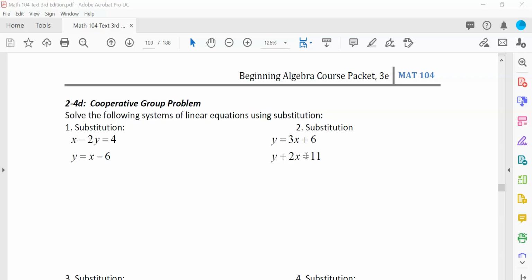So I'm going to utilize this first one when I do my substitution. In other words, I'm going to replace the y with a 3x plus 6. So again, in our problem number 1, we saw that slope-intercept form was in the second equation. This one we see slope-intercept form is in the first equation.